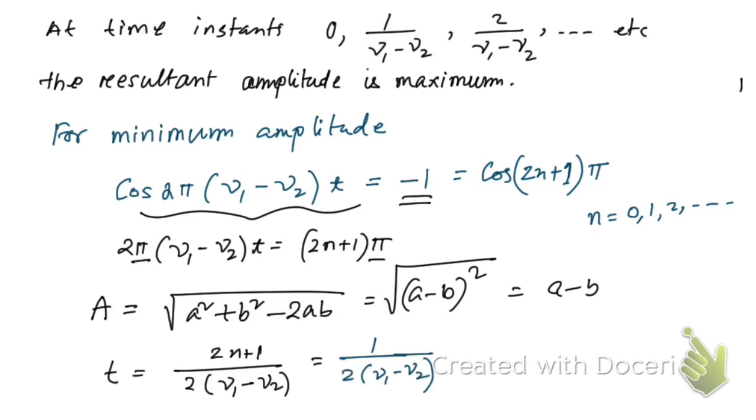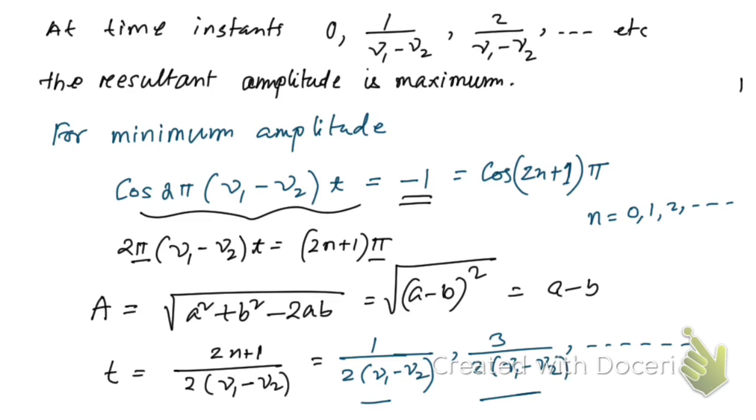Then if you put 1 here, it is going to be 3 by 2 (nu1 minus nu2), and so on. At these instants of time, you get minimum amplitude.